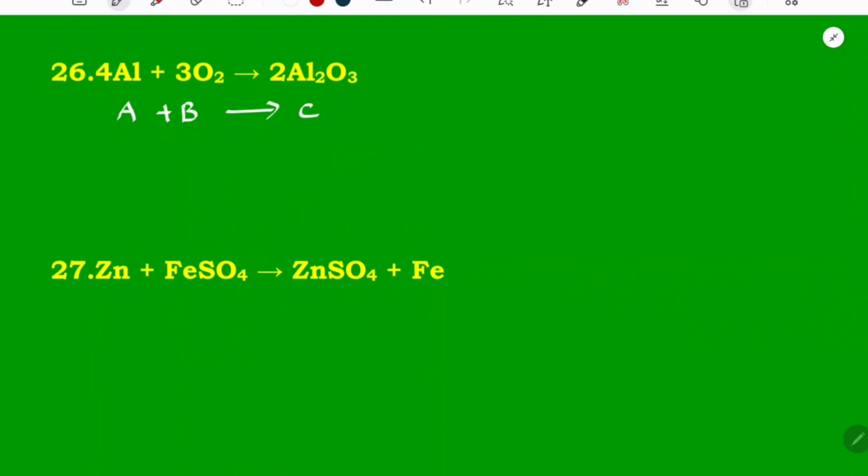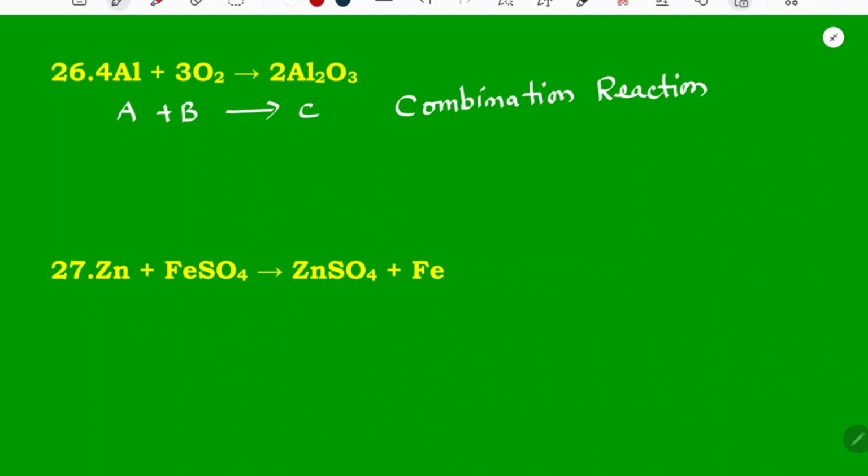Single product means this reaction is a combination reaction.